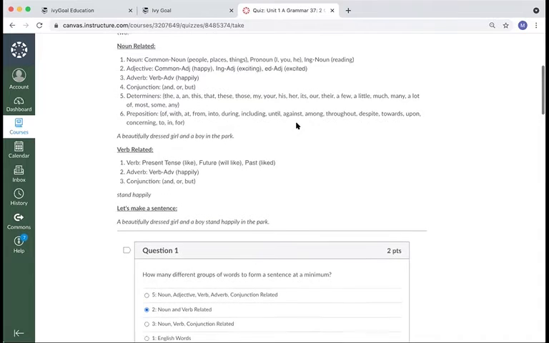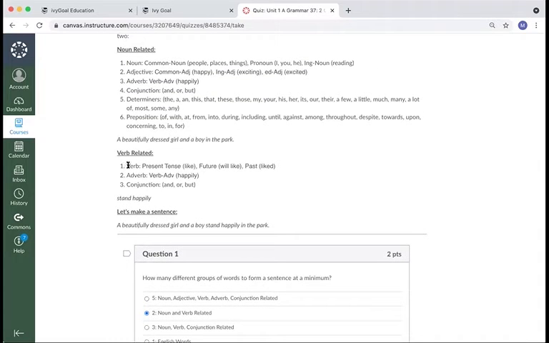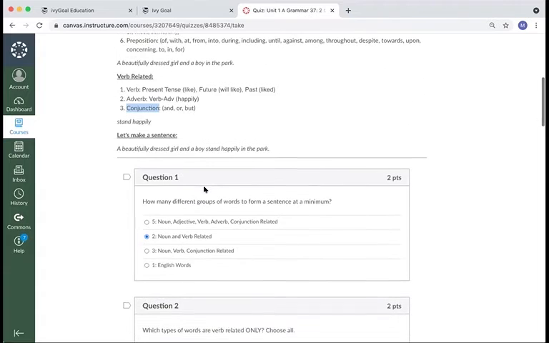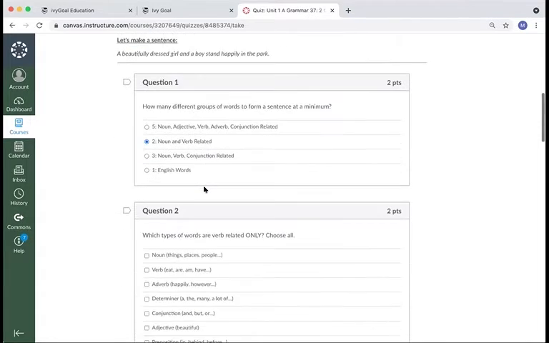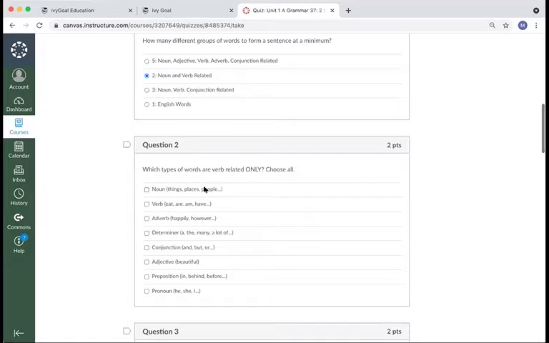So we're going to come back up here. Verb related, I see verbs, I see adverbs, and I see conjunctions. So I want to put that in my memory. I'm looking for verbs, adverbs, and conjunctions. So I'm going to select verbs, adverbs, and conjunctions. You guys understanding what I'm doing here?